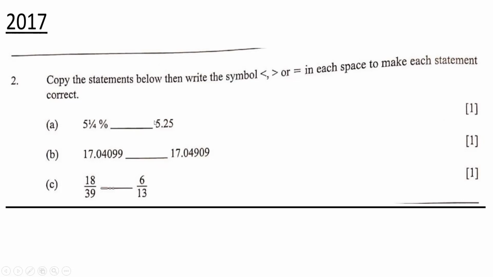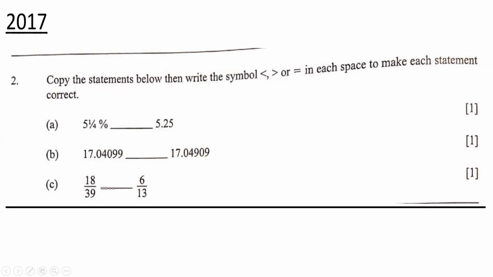Now, are these equal to each other, or is one greater than the other? Is 5 and 1 over 4% greater than 5.25, or is 5.25 greater than 5 and 1 over 4%, or are these two quantities equal?